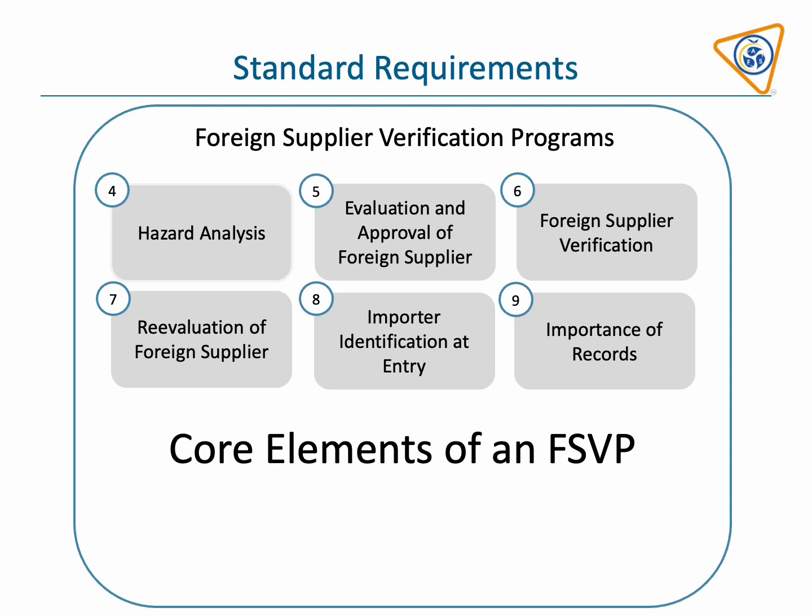We perform inspections to measure compliance with Rules 21 CFR 112 or 21 CFR 117. 4. Re-evaluation of the foreign supplier, at least every 3 years, or when an issue arises. 5. Importer identification at entry. This is your DUNS number or UFI. 6. Importance of records.